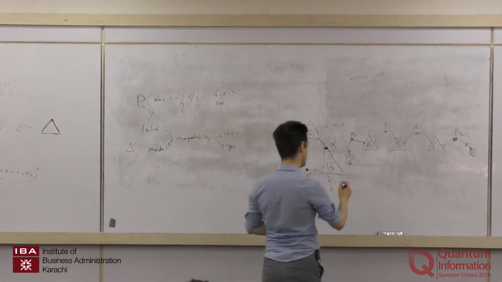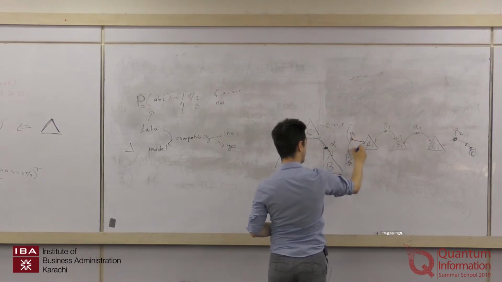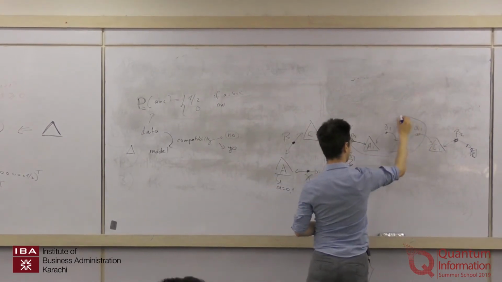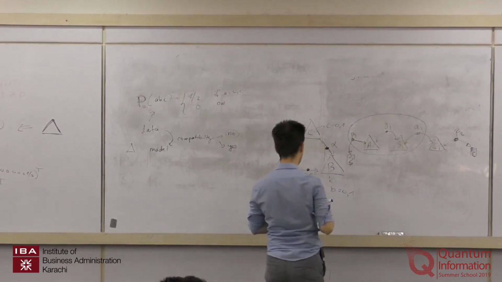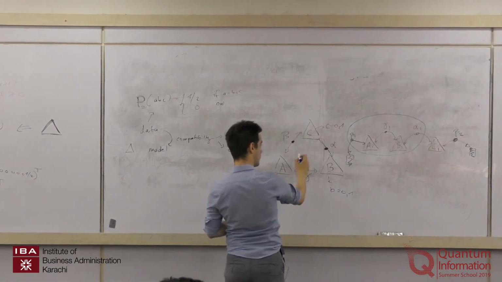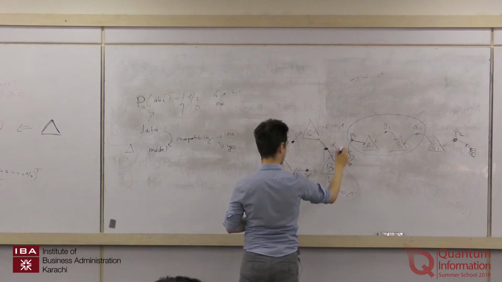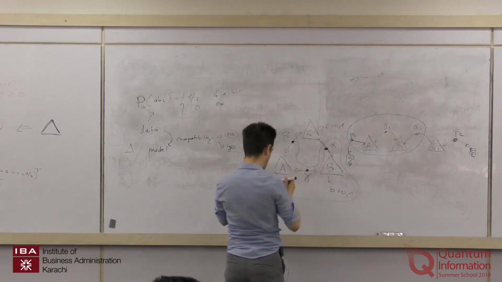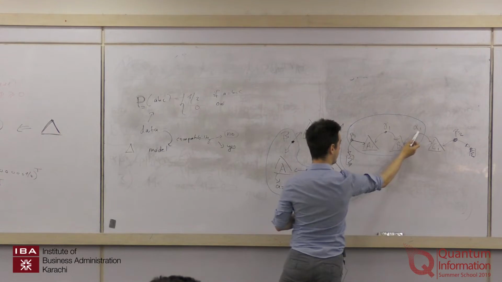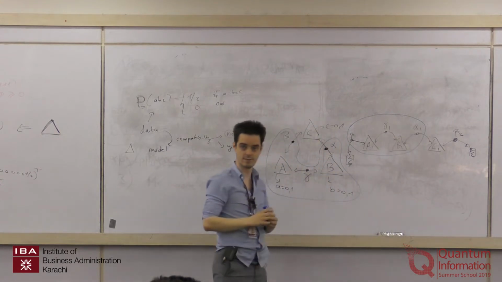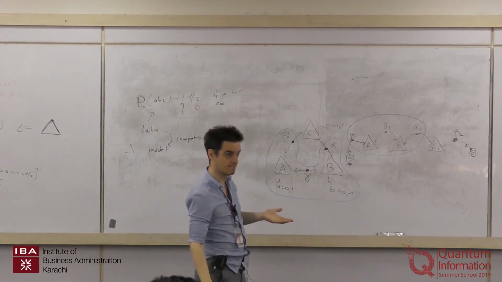But actually what will happen is that if I look at this part over there, and I look at the part of this graph over here, apart from the labels, beta 1, alpha 1, gamma 1, the graph is exactly the same.